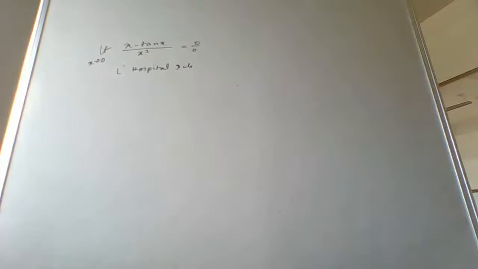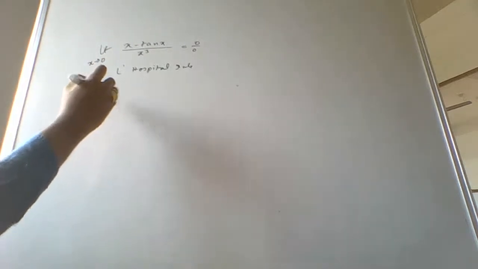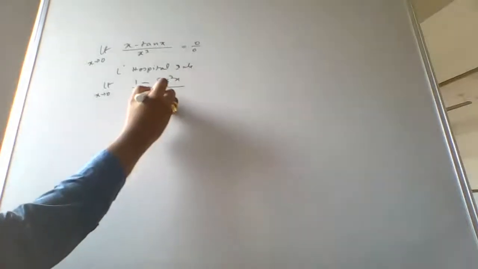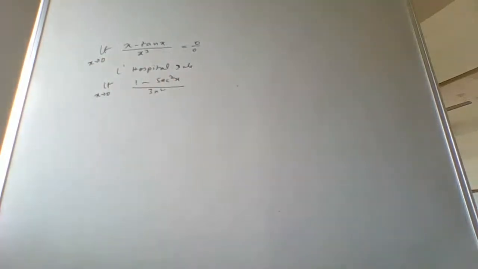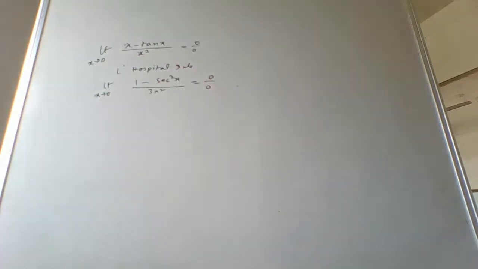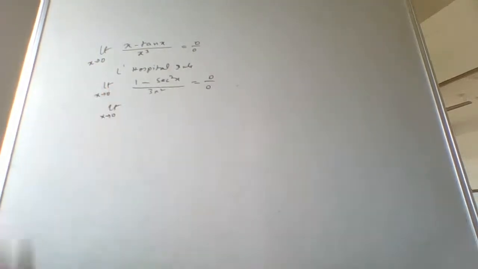Now differentiating numerator with respect to x and with respect to x in the denominator. So I get limit x tends to 0, 1 minus tan square is secant square x, divided by 3x square. Again, if I substitute x as 0, I get 0 by 0. Again, you have to differentiate with respect to x for the numerator and for the denominator.